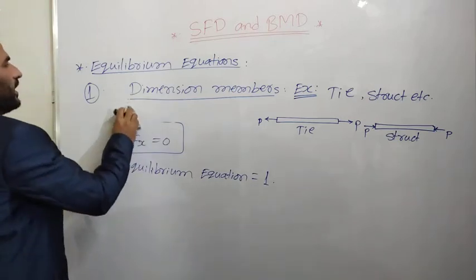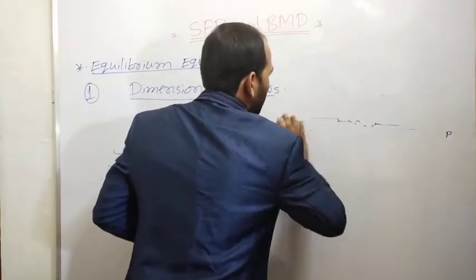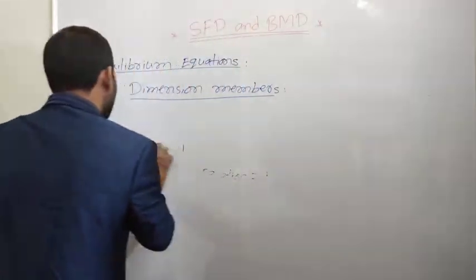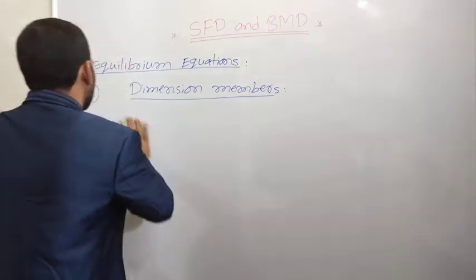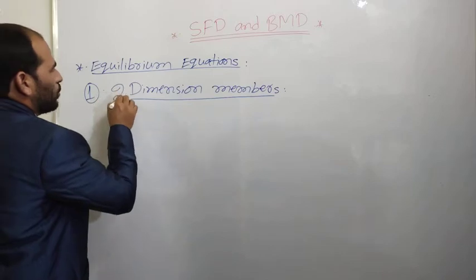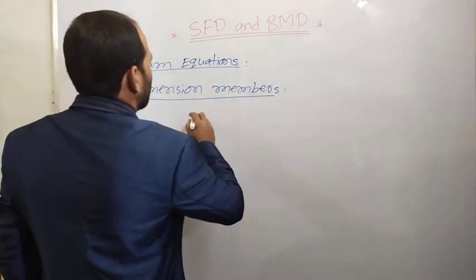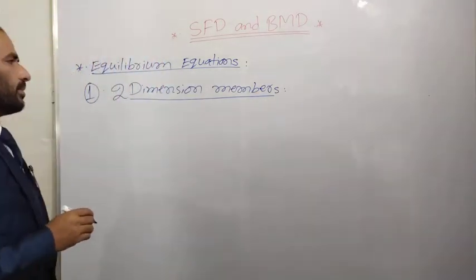Next is the equilibrium equations of a two-dimensional member. Two-dimensional members, 2D members.